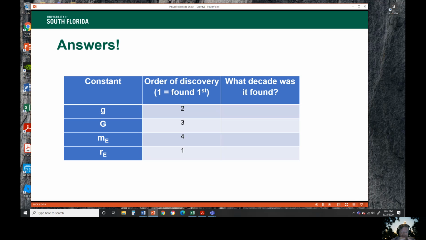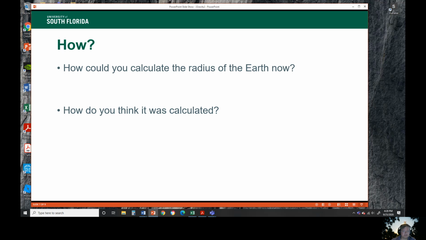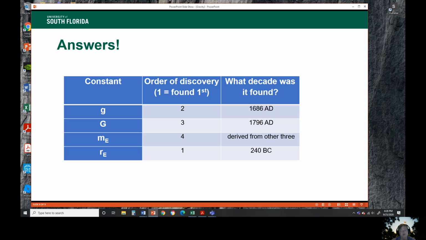All right, so now that you've thought of at least one method to calculate the radius of the Earth, now I'm going to throw in some dates. So we already answered these questions. How do we calculate the radius of the Earth? How do you think it was calculated? Now I'm going to throw in the dates.